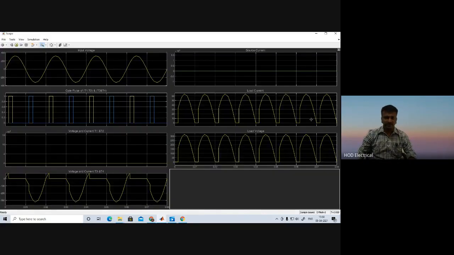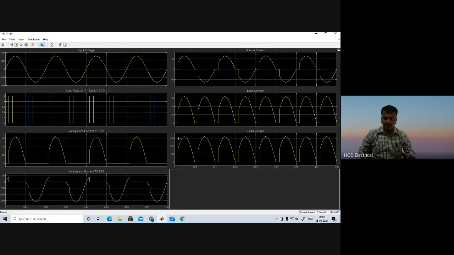See here, the output voltage has ripples, and moreover there is discontinuity. If you connect this as such to a DC motor, it will affect the speed of the motor. There will be fluctuation in the speed as well as variation in the voltage, so it is not good for DC motor control.